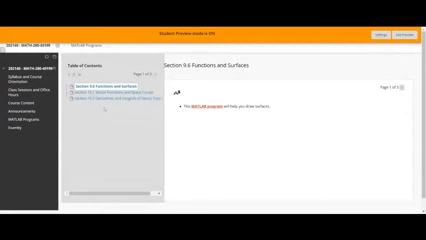In section 10.1, there's a MATLAB program that will help you draw the space curve. If you click on that link, it will bring up a file that I share with you, and you can download that file and then open it up in MATLAB. So let me open up MATLAB here.